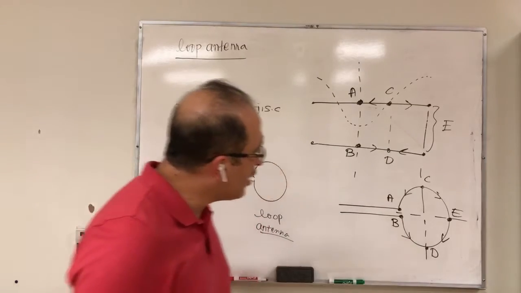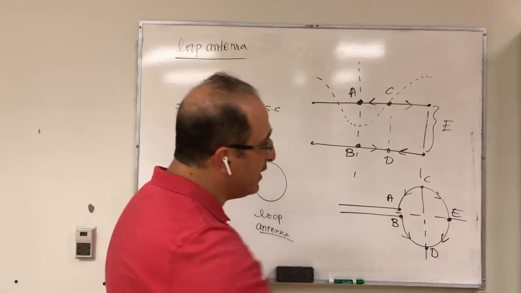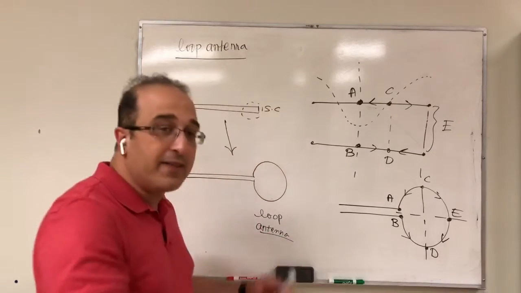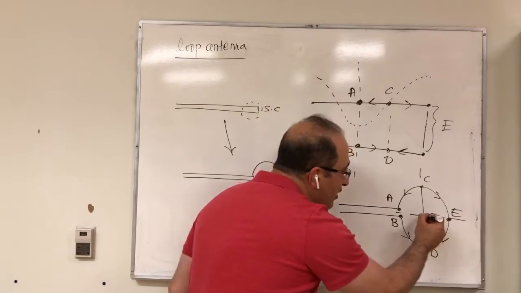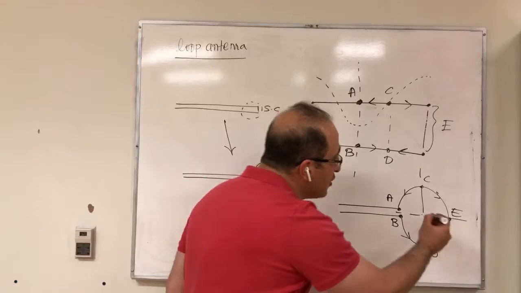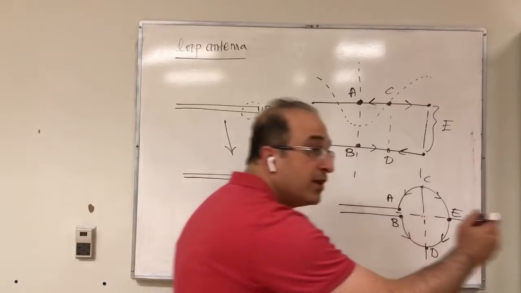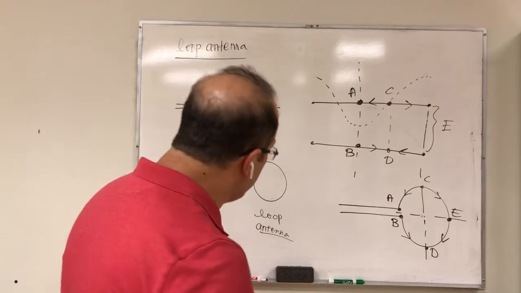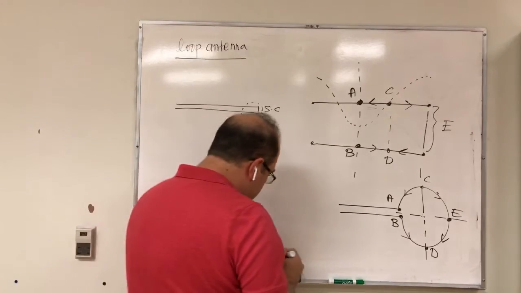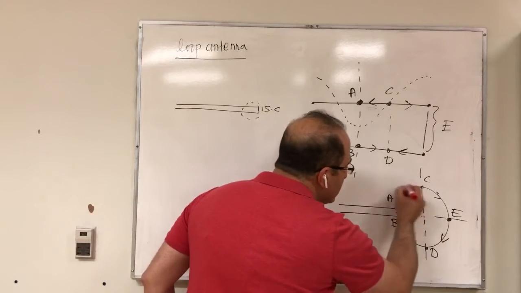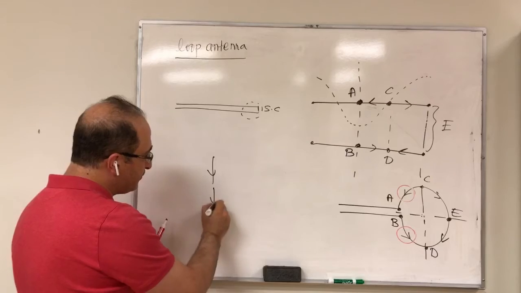Now, if you look at your current distribution, and then I ask you, okay, what do you see when you are looking from here? So when you are looking at the whiteboard, this is the axis of the dipole. So when you are on the axis of the dipole, very far from this loop antenna, what would you see for this loop antenna? So what you see could be something like that. So you may think of these two currents, this current and this current, as one dipole antenna.